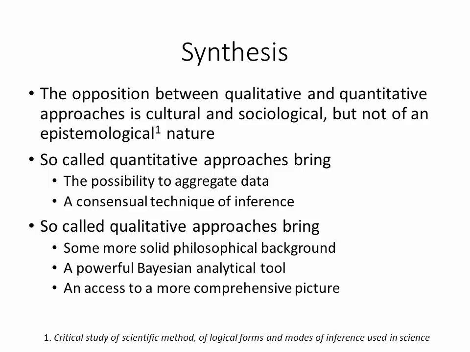And we have statistical tests of hypotheses. We have p-value inferior to 5%. Even if there is a huge misuse of these p-values, we have a common language about inference. But qualitative approach gives access to a more comprehensive picture. You can understand why, how, in a more refined way than with statistics.